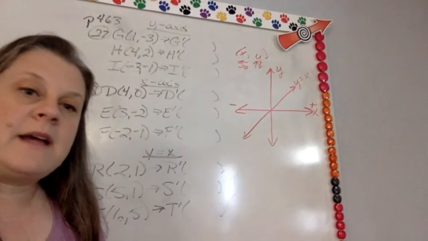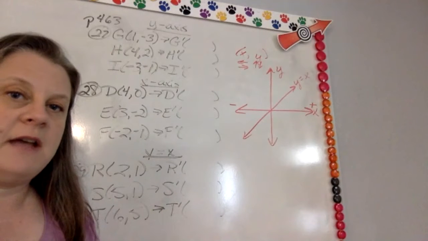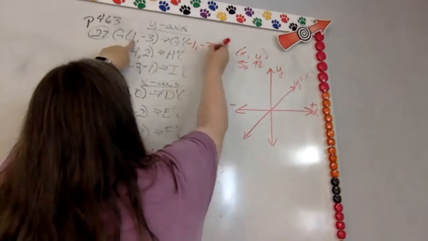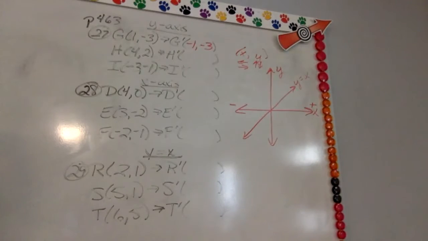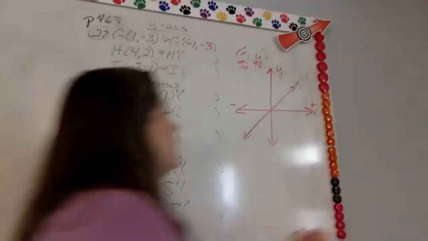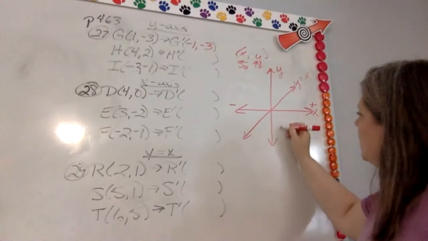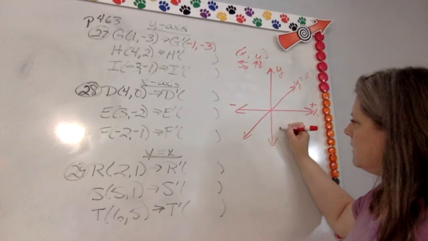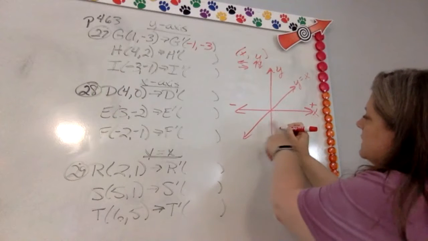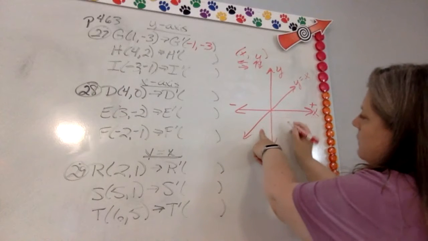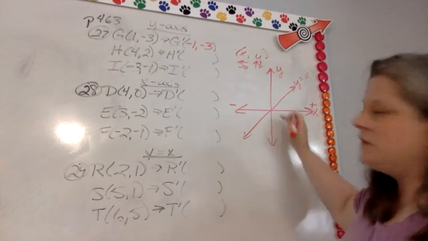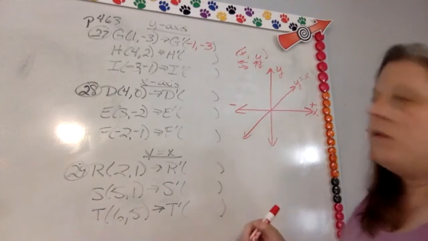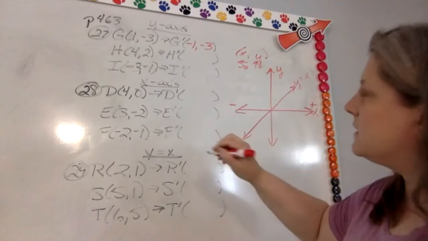If I'm flipping over the y-axis, the y stays the same, you change the x. So it will become (-1, -3). Think about where we're at to begin with. (1, -3) would be down here somewhere, right? Over 1, down 3. I'm flipping it over this line, so it will be -1, down 3. So instead of going 1 to the right and 3 down, I'll go 1 to the left and 3 down. That's reflecting it over the y-axis.